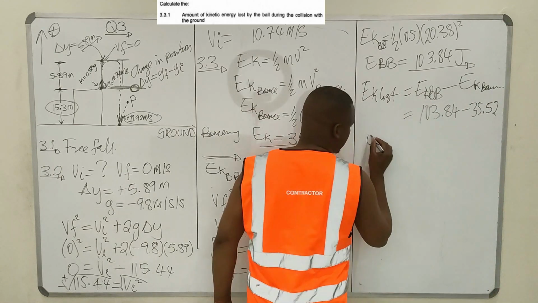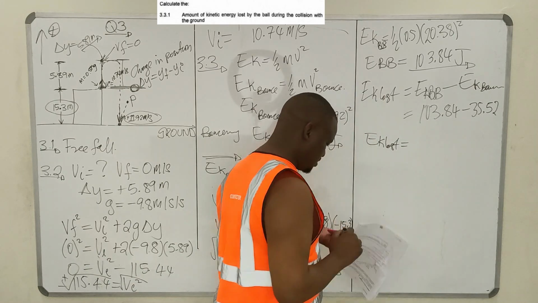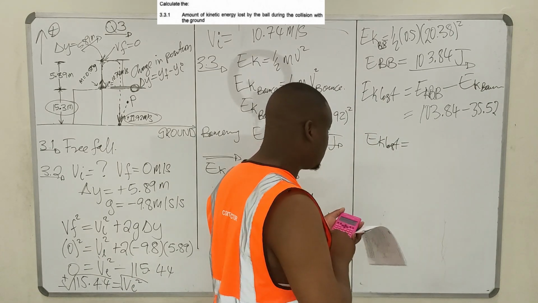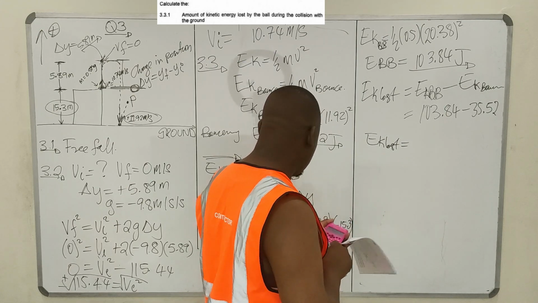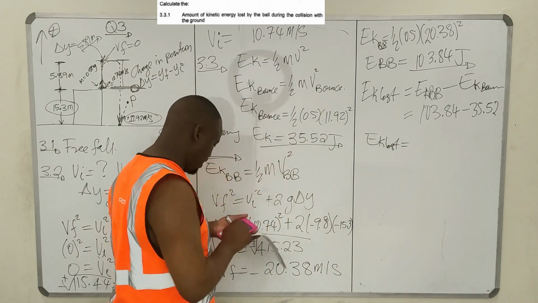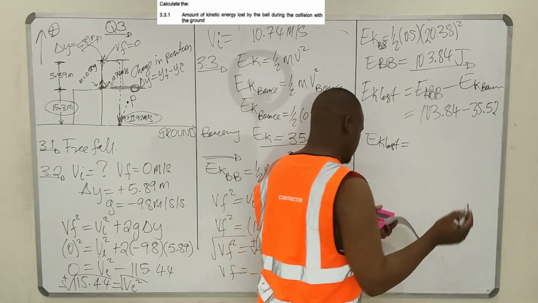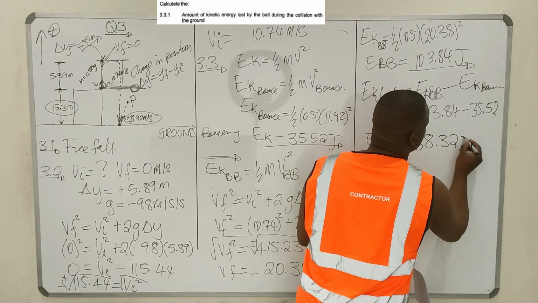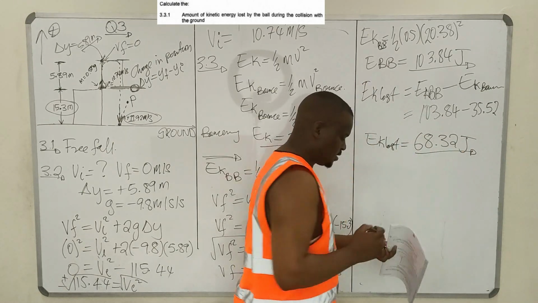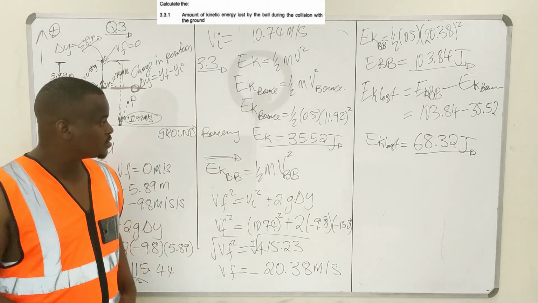So EK lost is equal to the difference between the two. So it's 103.84 minus 35.52. So the lost kinetic energy is 68.32 joules. So this is the amount of kinetic energy lost during the collision or during the bounce.